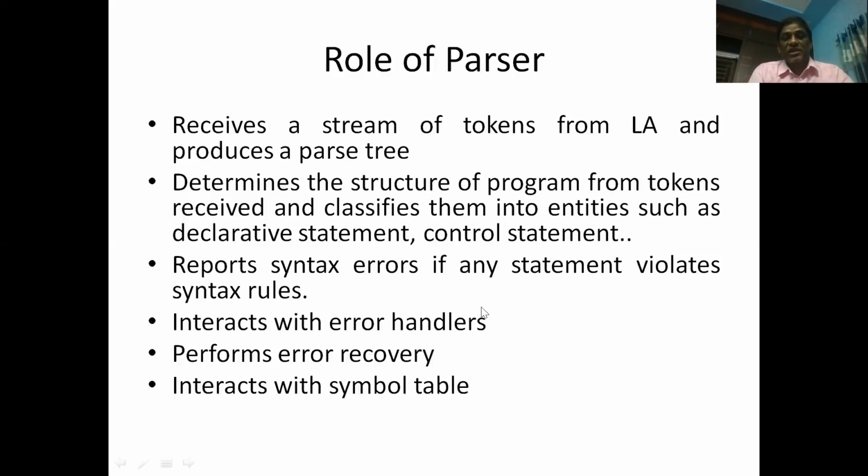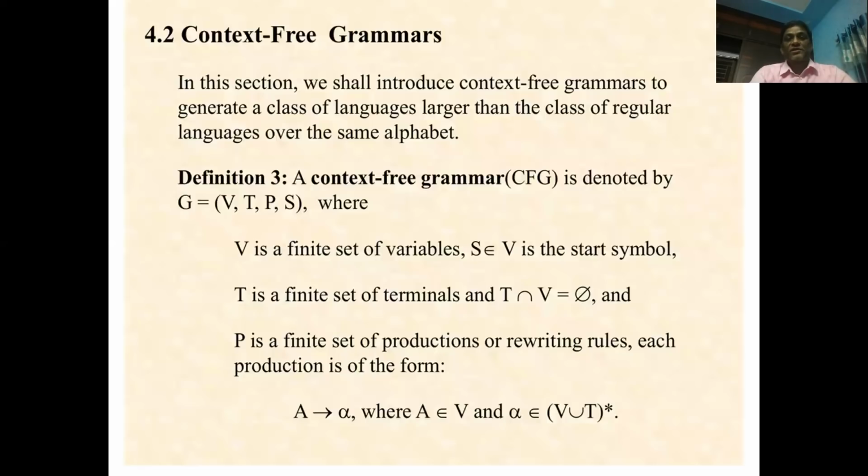It also interacts with error handlers to produce appropriate error messages, and performs error recovery so that the entire source program is scanned for syntax errors, and also interacts with the symbol table to get the information about tokens. So this is about the role of the parser.